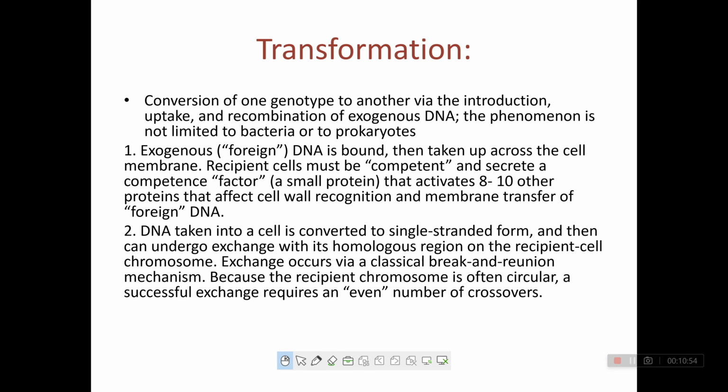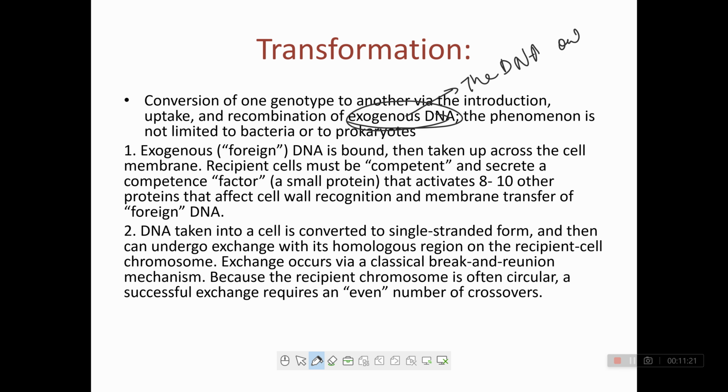So first we discuss the transformation. What is the transformation mechanism? Conversion of one genotype to another via the introduction, uptake and recombination of exogenous DNA. Exogenous DNA means the DNA which is present outside.